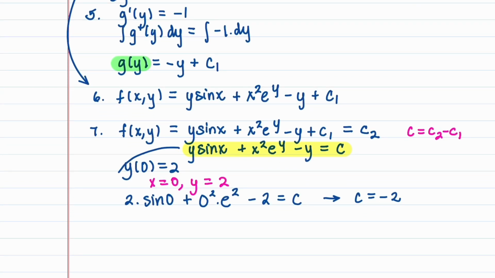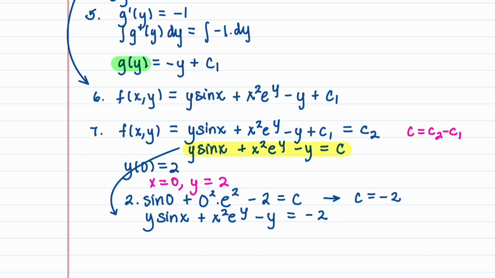We're going to take this expression now, and we're going to let c be equal to minus 2. This gives us y sine x plus x squared e to the y minus y is equal to minus 2. Our answer is going to be a lot nicer if we actually pull the minus 2 over to the left.